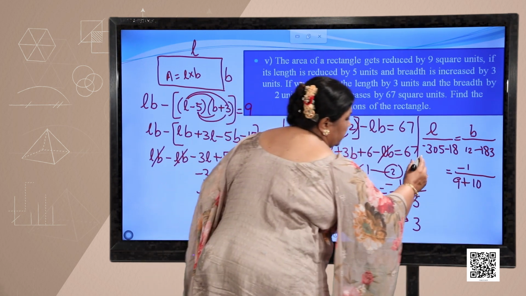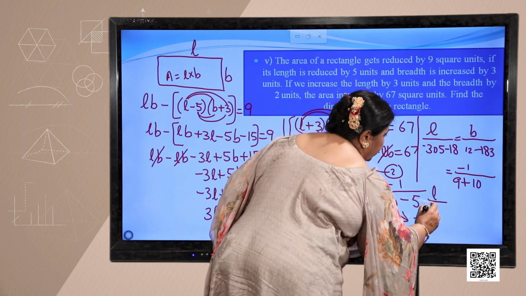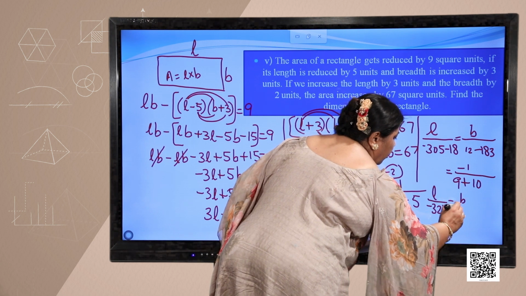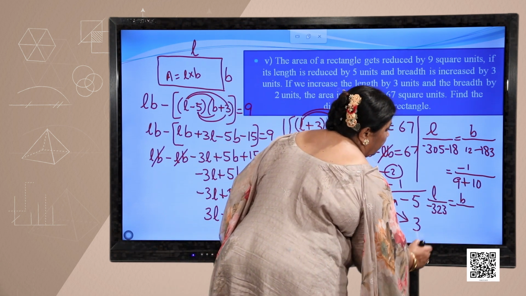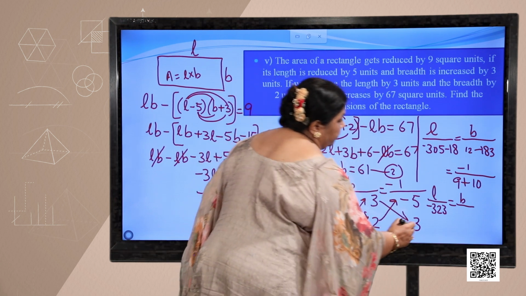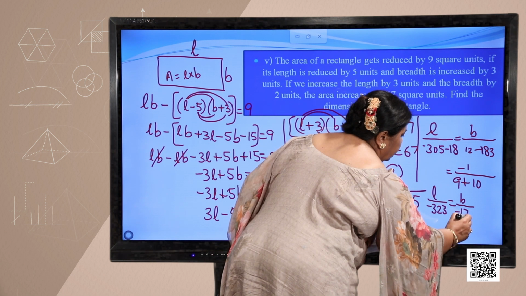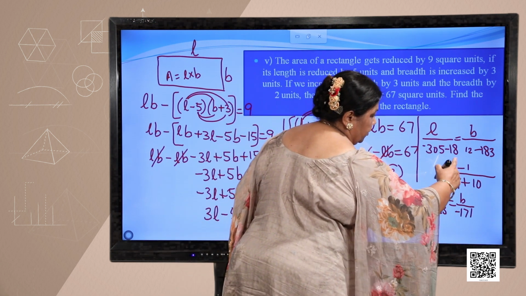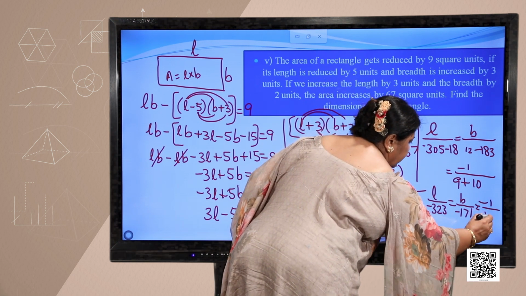Now, we will simplify L upon, that gives me minus 323, B upon, that gives me 171, minus 171. Am I right there? Yes, is equal to minus 1 upon 19.